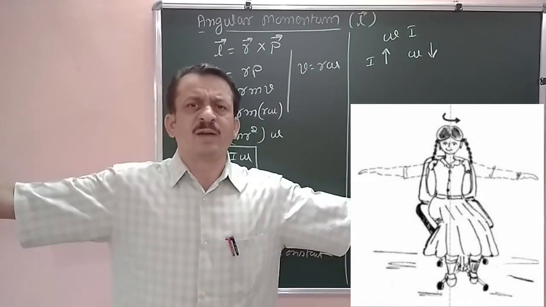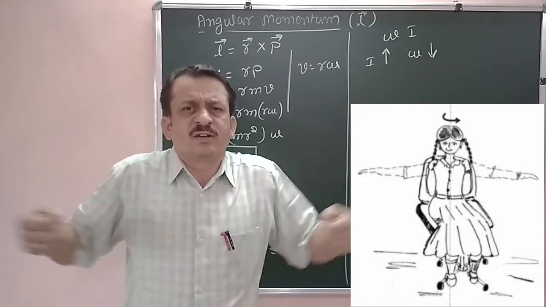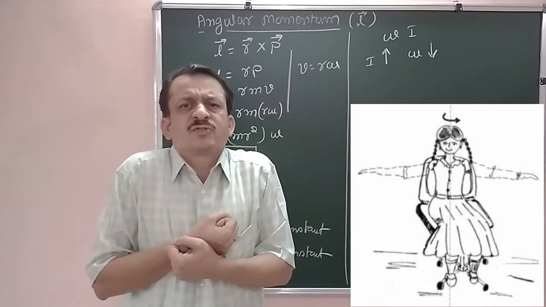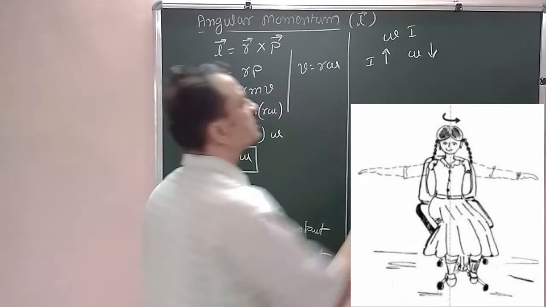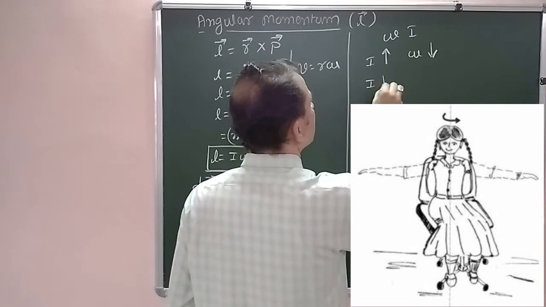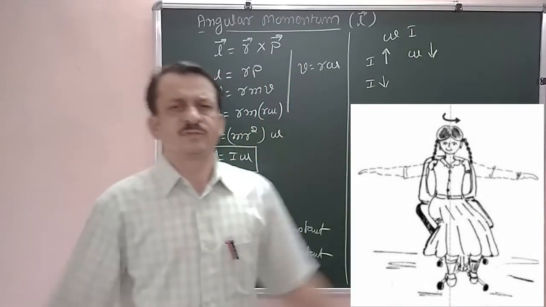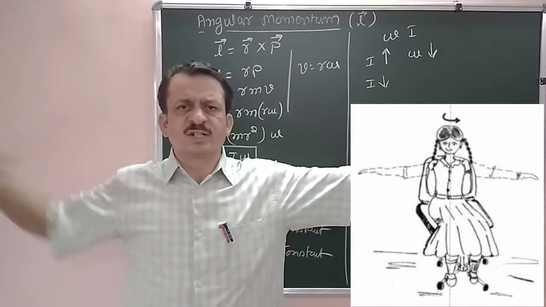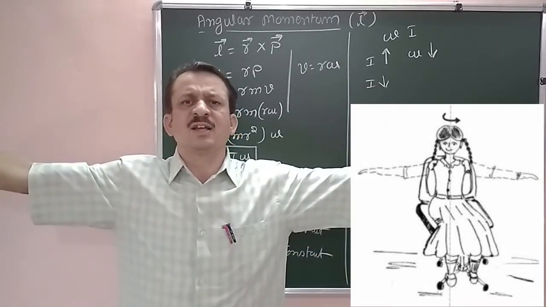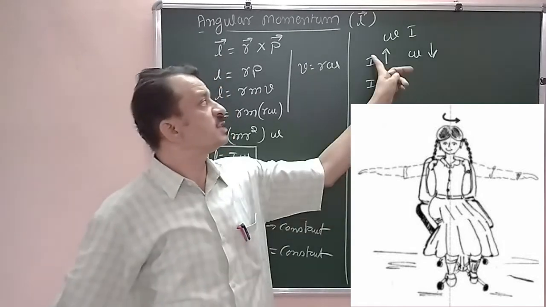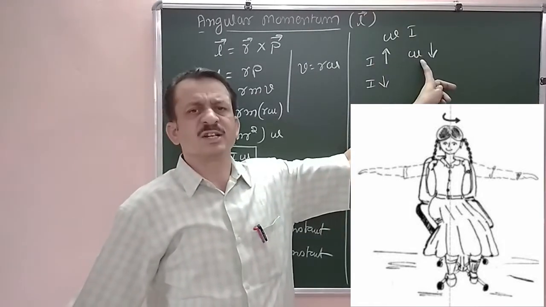Now, if that child once again brings the hands and legs very close to the body, what happens? The moment of inertia decreases. Whenever it is stretched, the distance from the axis of rotation is larger, r becomes greater, therefore moment of inertia increased and angular velocity decreased.